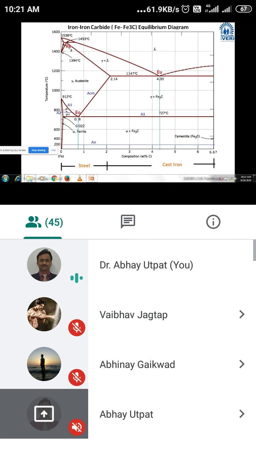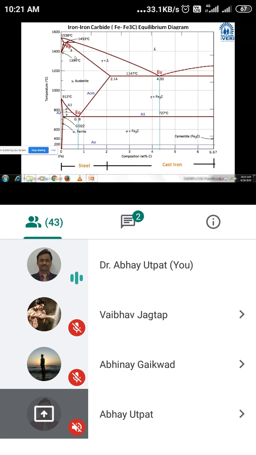Now it is written alpha plus gamma. A3, the blue color notation you are observing, that is the border. Beyond that, it is written gamma austenite. Once again you go upside, one more small gap, and here my cursor is there. Now enlarge the screen and see, it is delta ferrite.